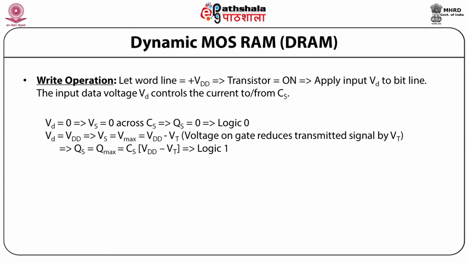So if Vd equal to Vdd, it implies Vs equal to Vmax equal to Vdd minus Vt. That is, the voltage on the gate reduces the transmitted signal by Vt. This implies Qs equal to Qmax equal to Cs multiplied by Vdd minus Vt, which is a logic 1.